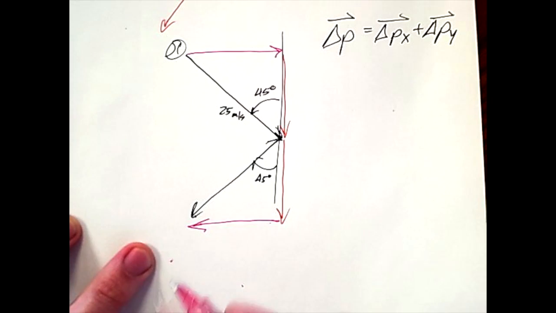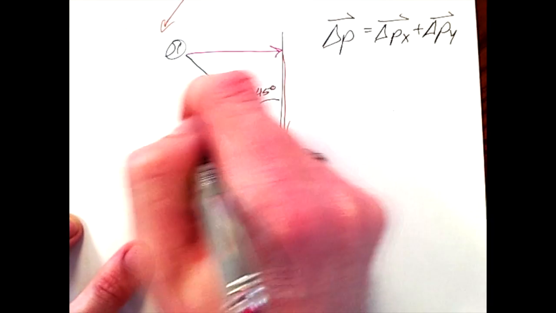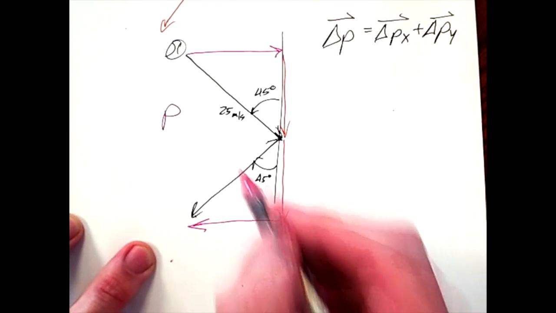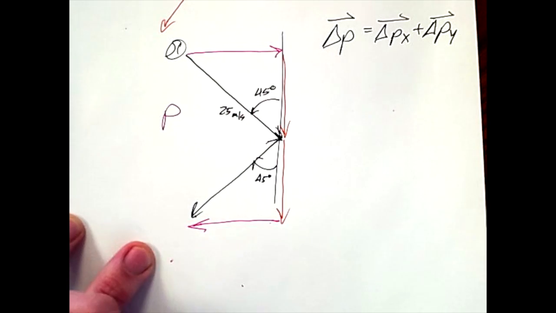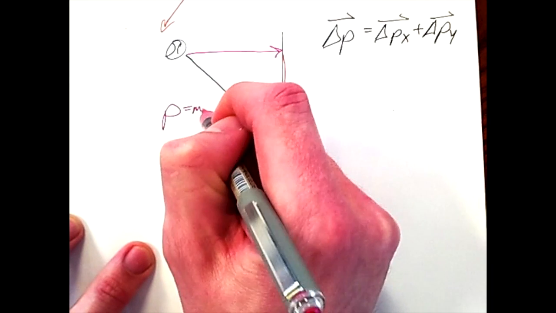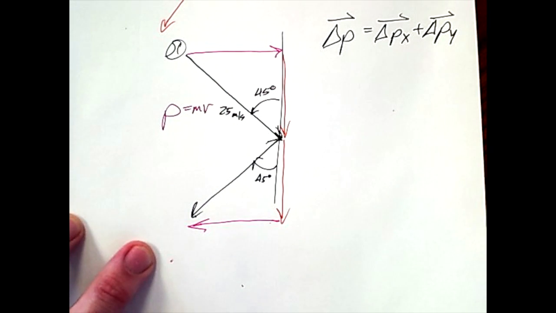Before I move on, I'm going to remind myself that P is actually what's conserved, and that's mainly represented by this vector as opposed to the velocity. So before I start finding the sides of the triangle, I need to do m times v, because it's not the 25 that is conserved, it's not the speed, it's the momentum.